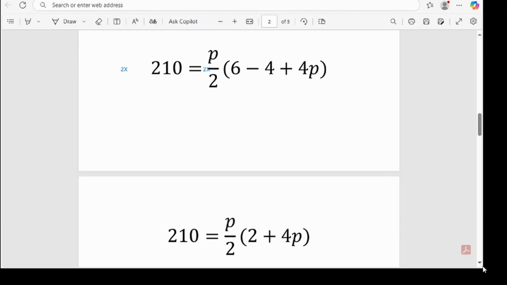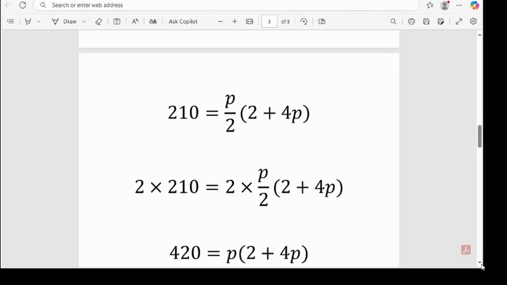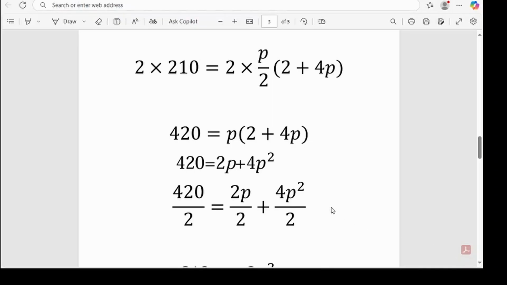So in general we are going to get 420 equals p multiplying 2 plus 4p, because this 2 here cancelled itself out with this 2, and 2 multiplying 210 will give you 420.